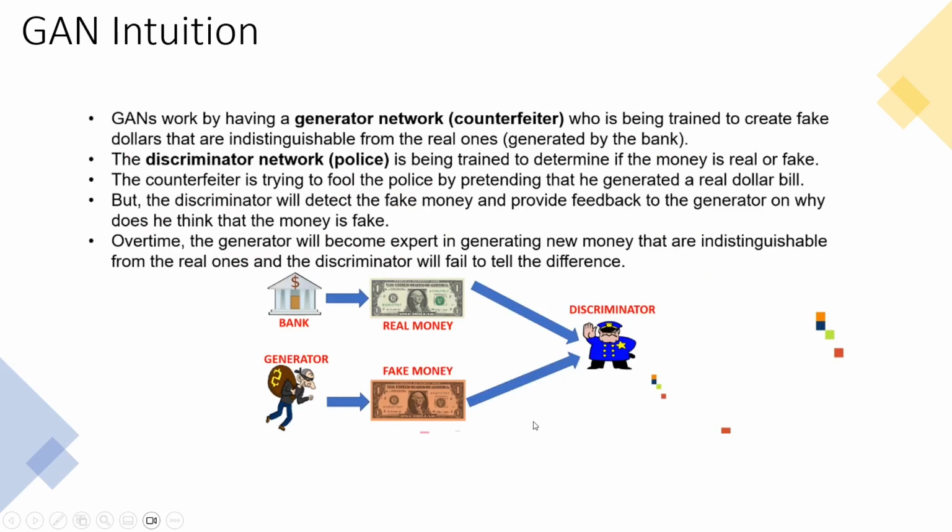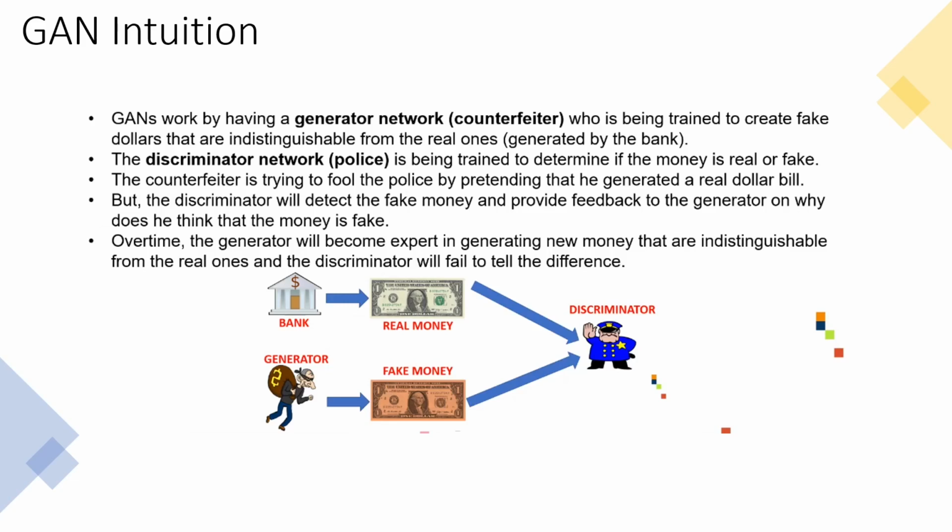So GANs work by having a generator network that you can think of as a counterfeiter who's being trained to create fake dollars that are indistinguishable from the real ones generated by the bank. And the discriminator network, the police, is being trained to determine if the money is real or fake.